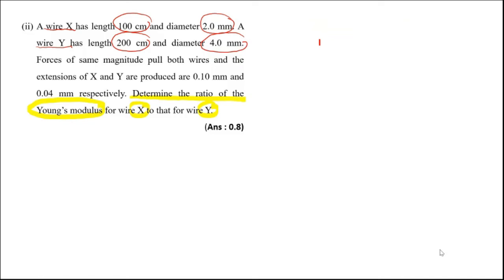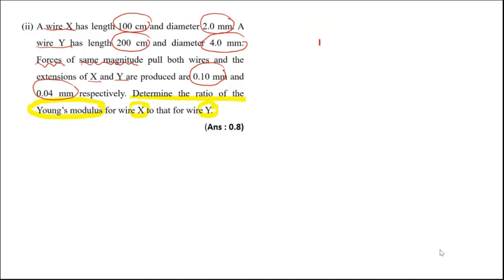Okay, so forces of same magnitude pull both wires, and the extensions of X and Y produce 0.10 millimeter and 0.04 millimeter respectively. So determine the ratio of Young modulus for wire X and wire Y.